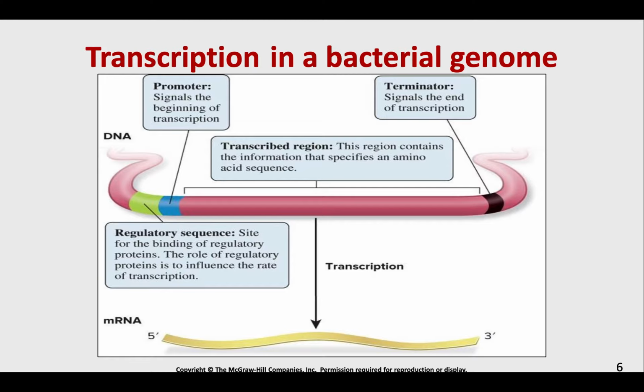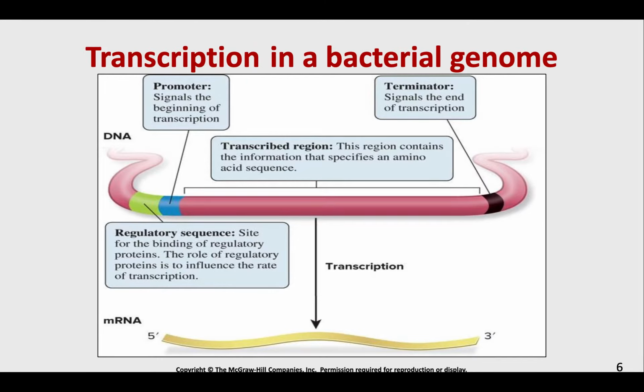At the other end we have the terminator sequence, telling our organism to stop transcription here. Everything in between the promoter and the terminator is the transcribed region, the region we're turning into messenger RNA.